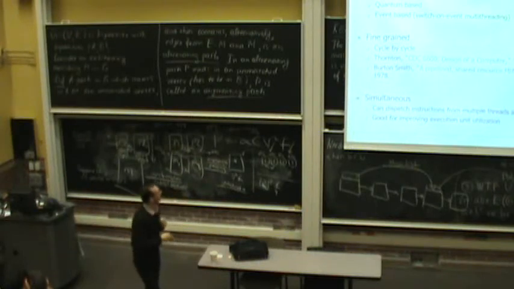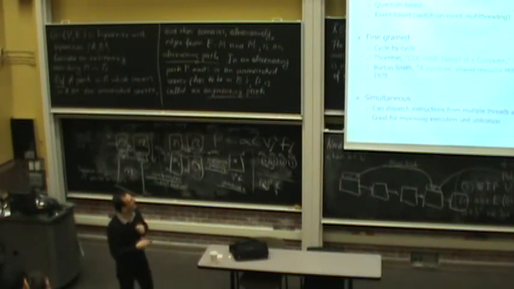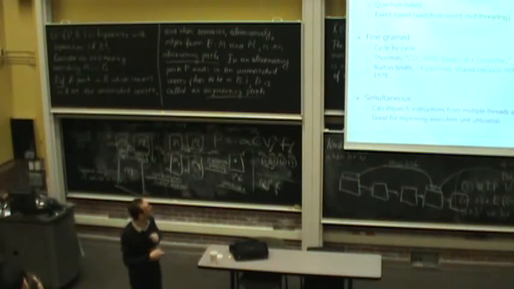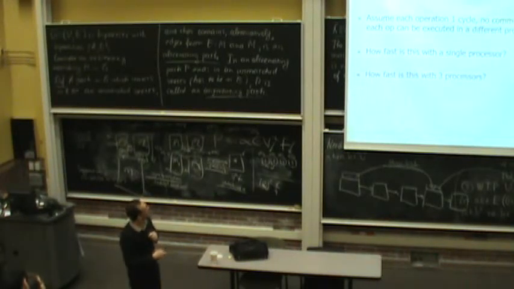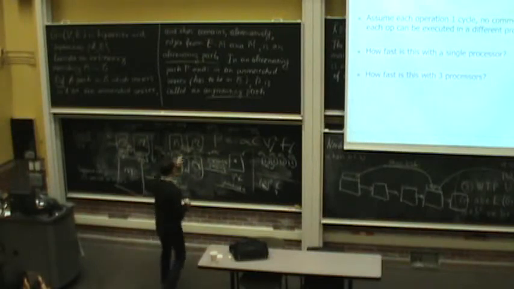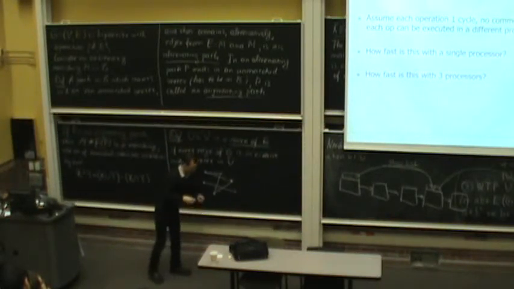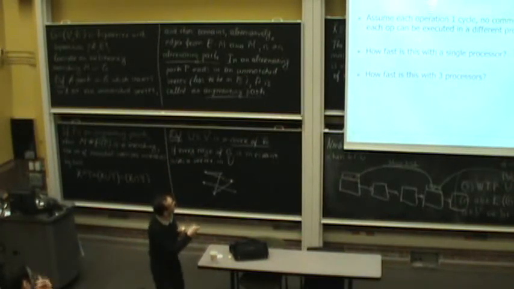Okay. So let's take a look at why parallelism is good. Let's take this example. I guess I should have done a subscript here. This is a polynomial, and we want to parallelize it.